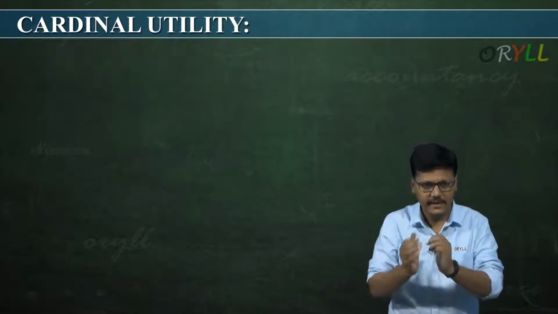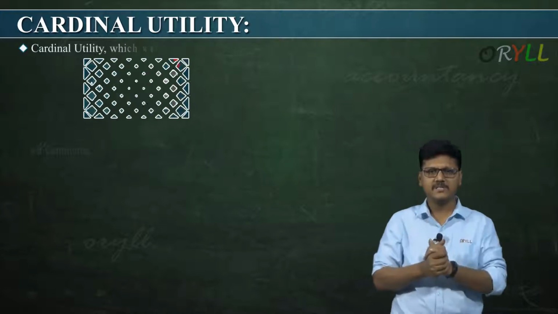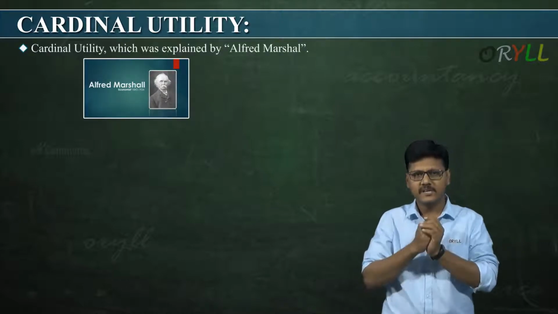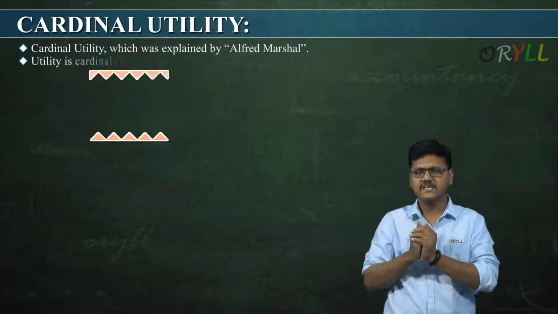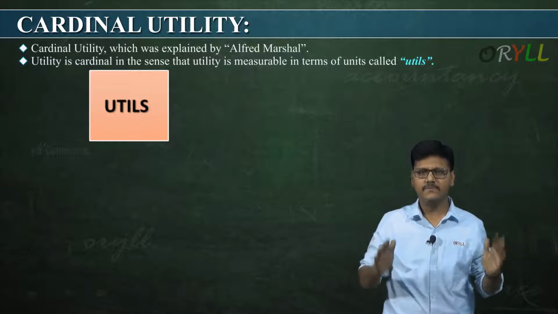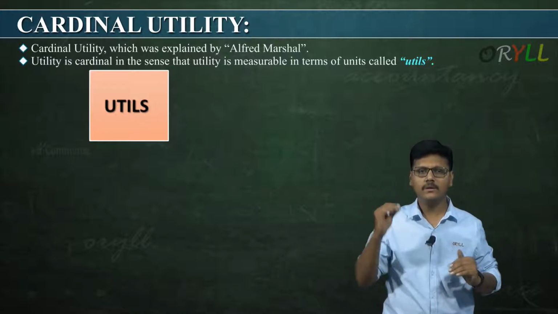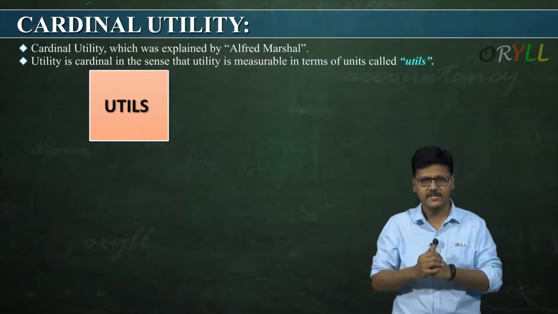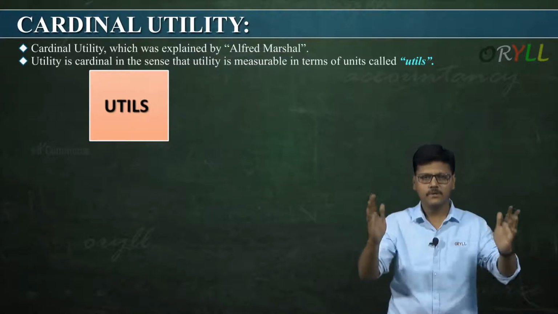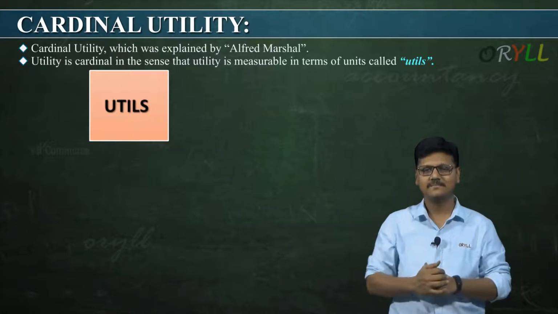Cardinal utility analysis. According to cardinal utility, which was explained by Alfred Marshall, utility is cardinal in the sense that it is measurable in terms of units called utils.